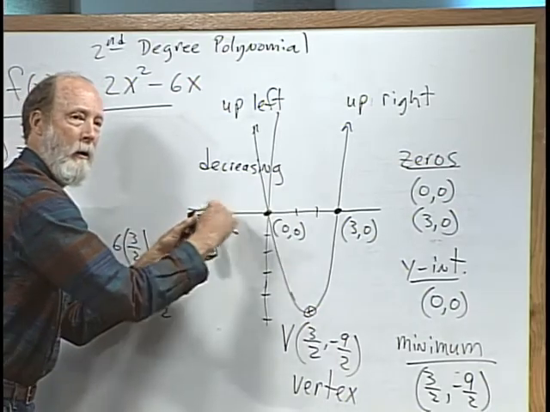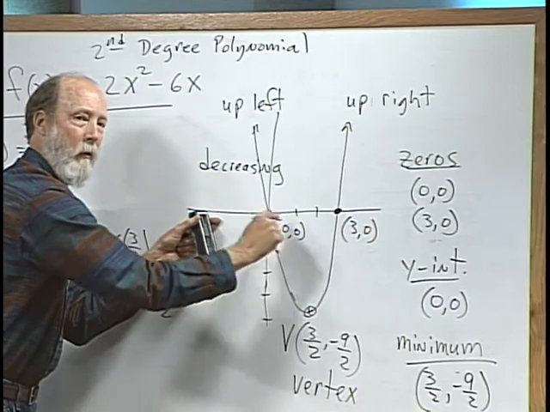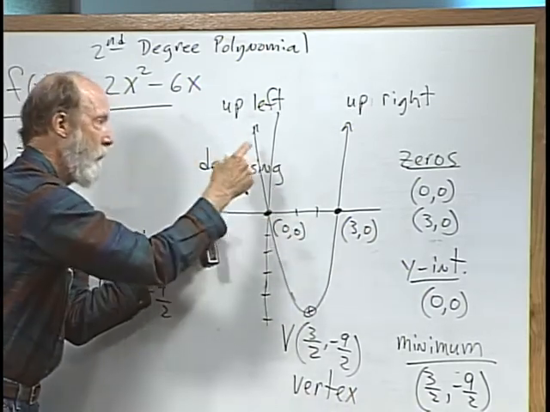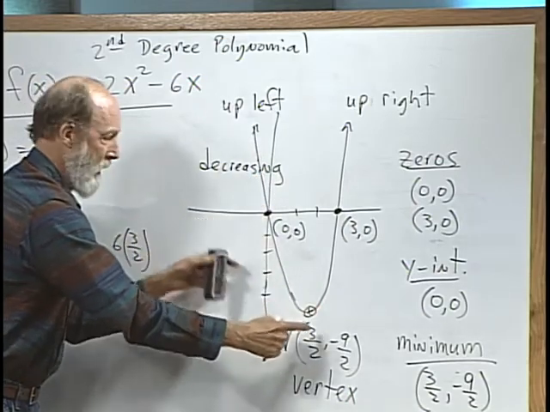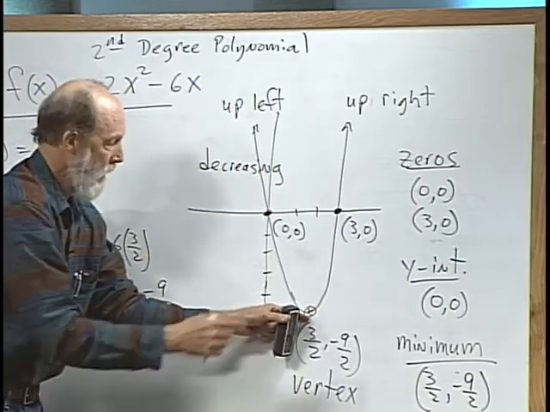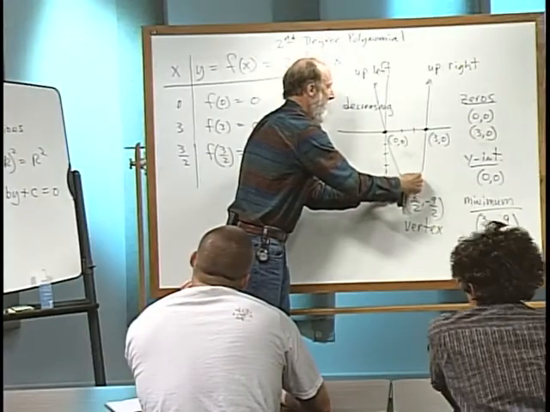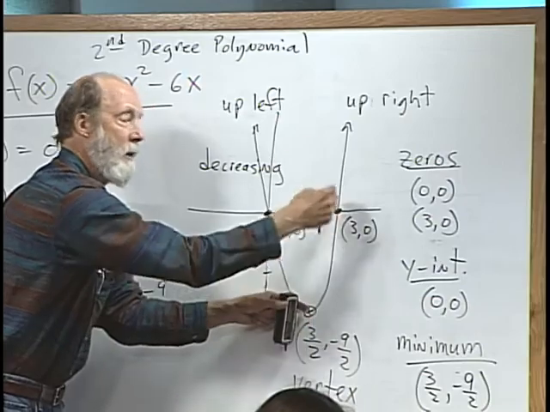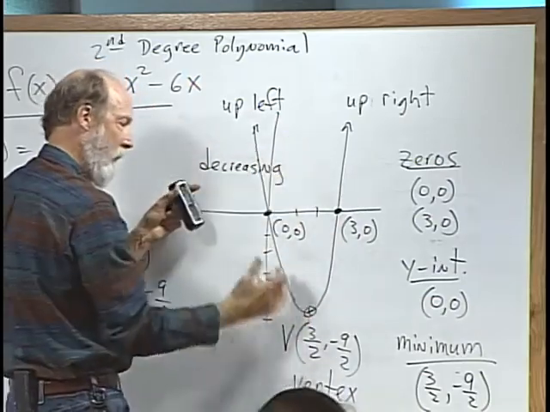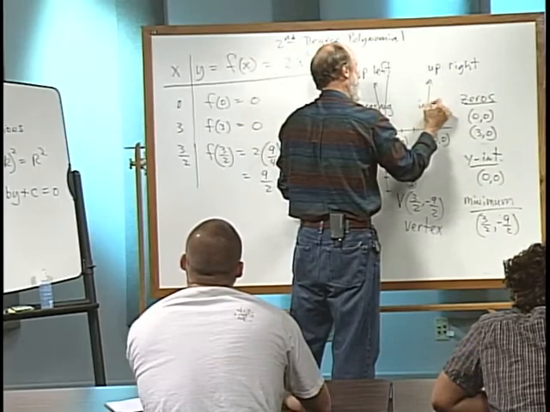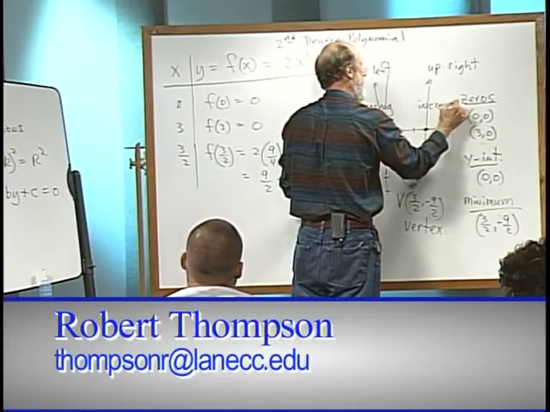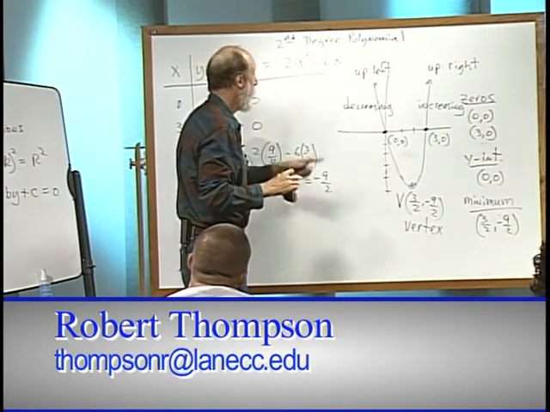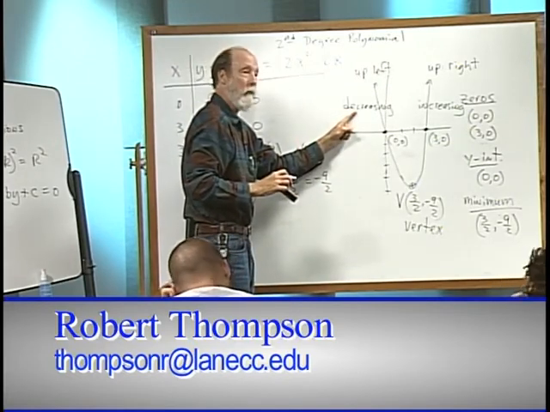As I keep increasing my inputs, my outputs are decreasing until I get to this location. And then beyond this location, as the inputs continue to increase, the outputs now are starting to increase. So we have decreasing in this region, and we have increasing over here to the right. There's an interval that it is decreasing in.